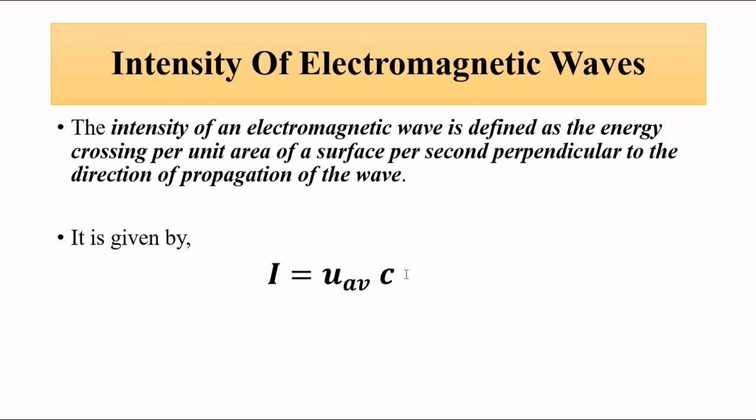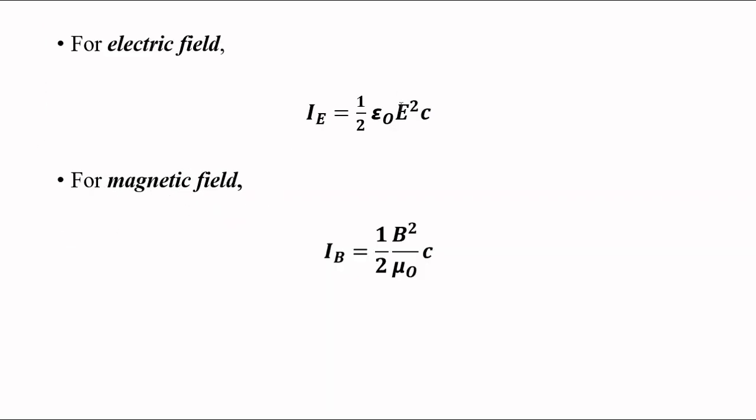If it is held in any particular medium, then the speed of the electromagnetic wave in that particular medium is considered. Okay, so intensity is equal to average energy density into speed of electromagnetic wave in free space, which is equal to c.